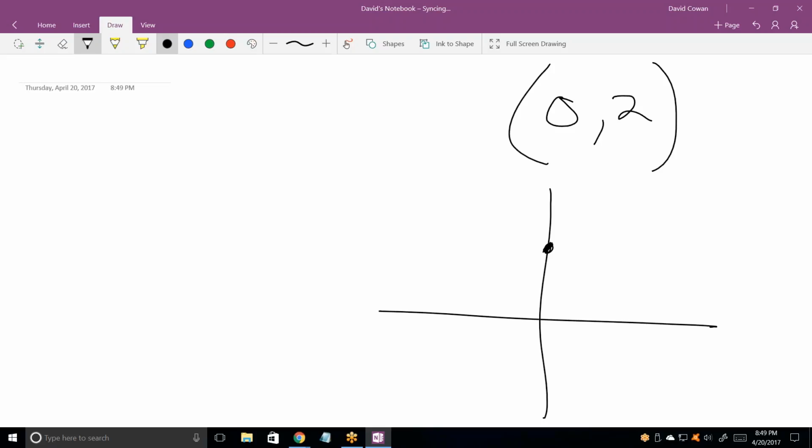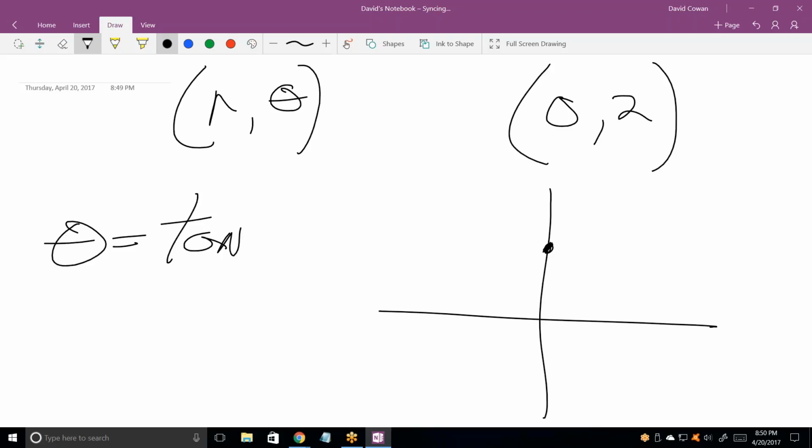Because when we convert xy to polar, the very first thing we do is figure out theta. And no, this is a rectangular coordinate asking for the polar coordinate. So if I want the polar coordinate, I've got to solve for theta. And theta is the inverse tan of y over x.